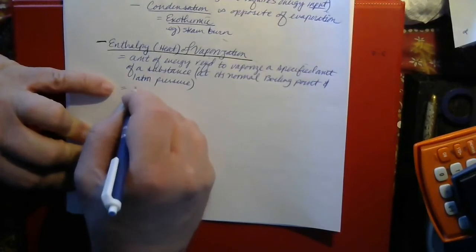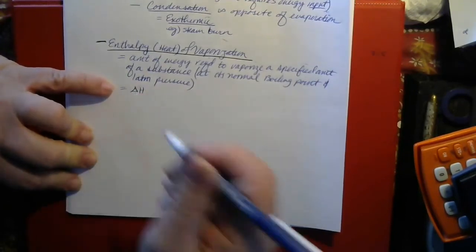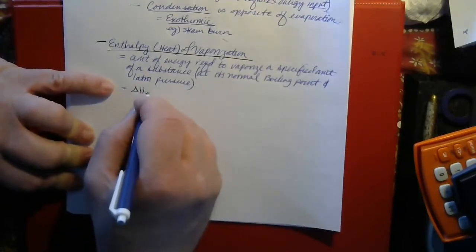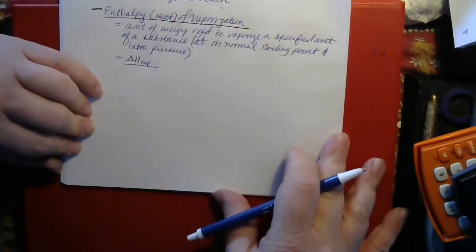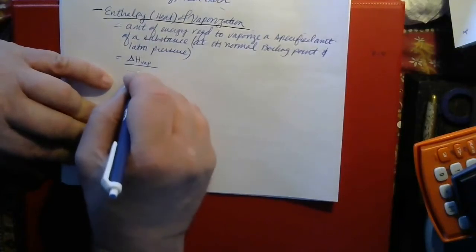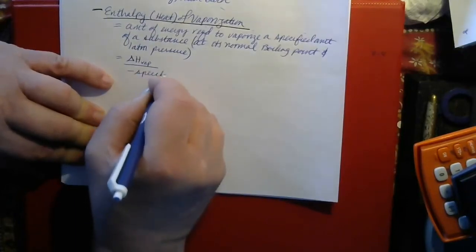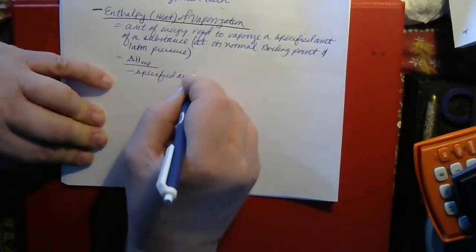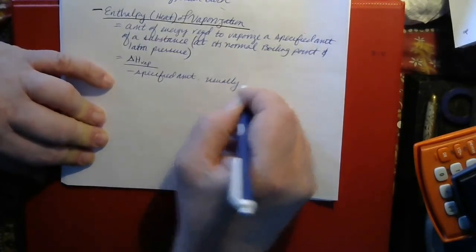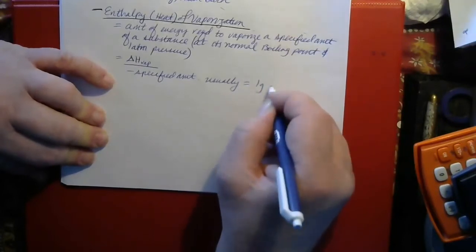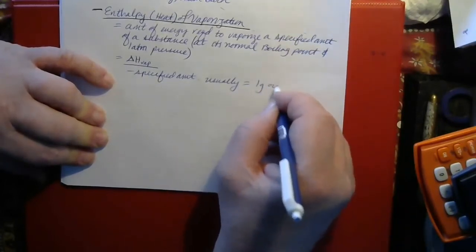The symbol for this quantity is delta H with a little VAP after it for vaporization. And the specified amount is usually either 1 gram or 1 mole.